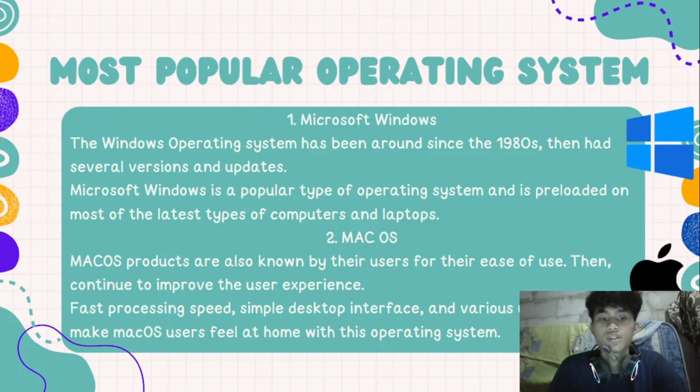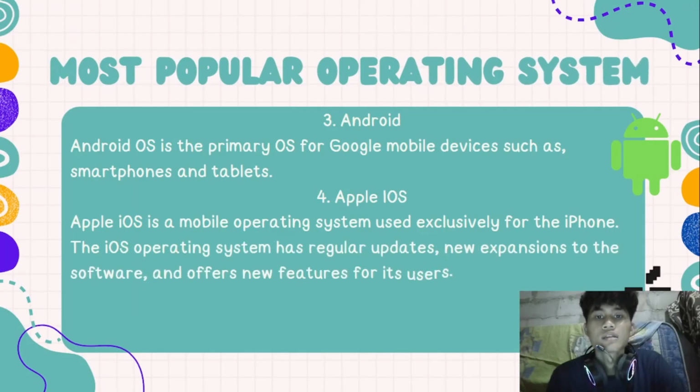It continues to improve the user experience. Fast processing speed, a simple desktop interface, and very useful resources make users feel at home with this operating system. Number three, Android. Android OS is the primary OS for Google mobile devices such as smartphones and tablets.